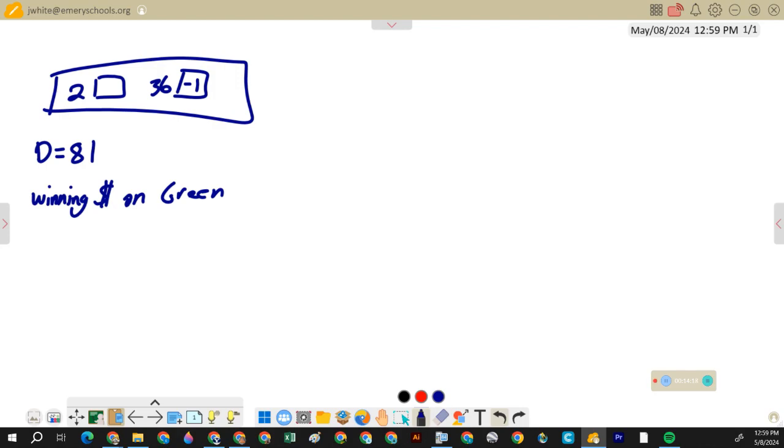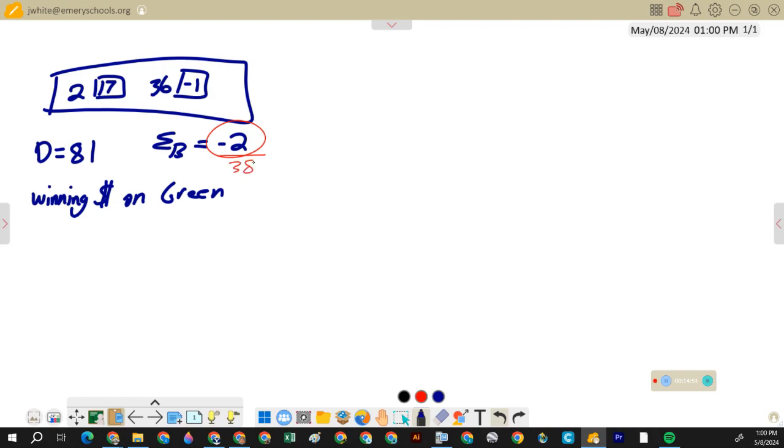So how much are we going to win on green? You should be able to calculate that looking at this. The sum of the box is always -2. So how much does green pay out? $17. Okay. So if we bet on green, we expect to lose $2 every 38 times we play.